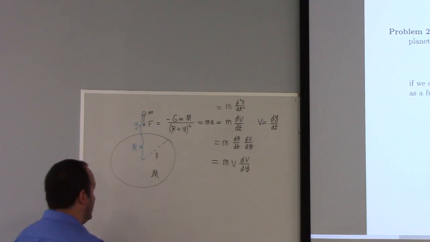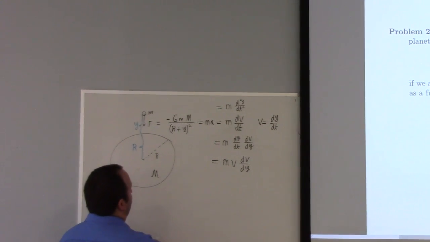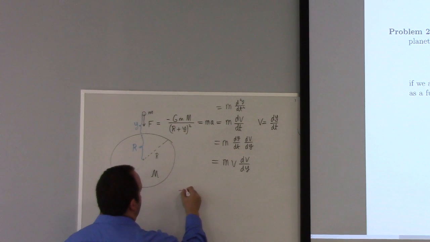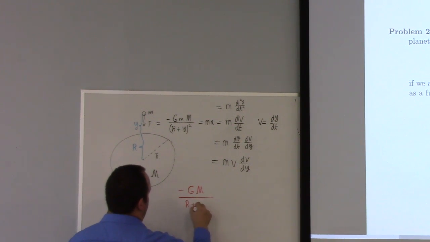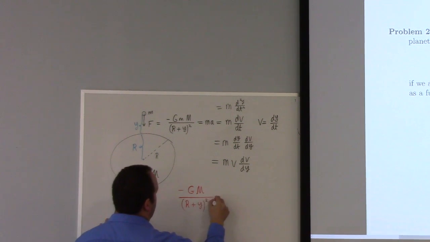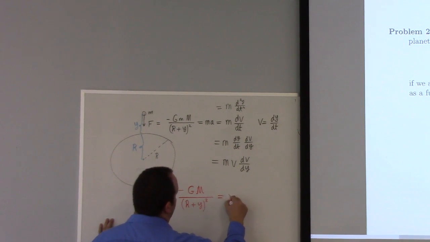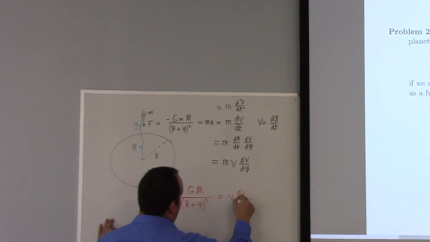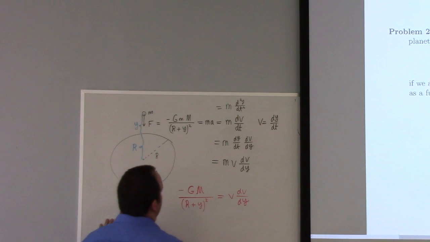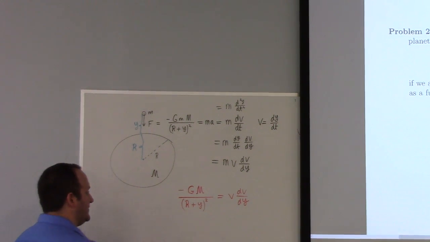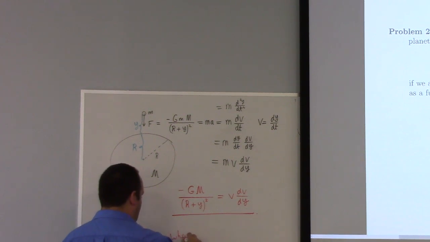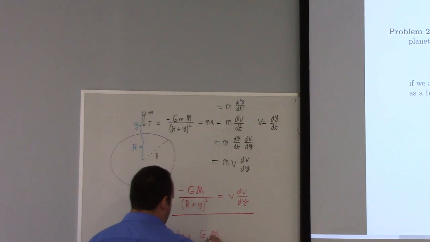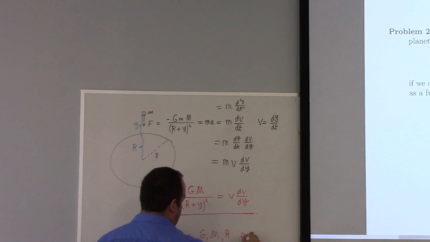That brings us to the differential equation you need to solve, which is what? Minus G big M divided by (R plus y) quantity squared equals v dv/dy. I canceled out the little m because we're assuming it's non-zero. So you just got to solve this thing. Where big G, M, and R are constants, right?